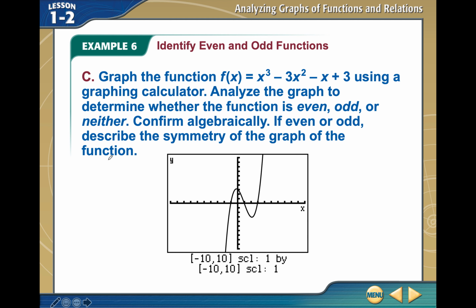So let's take f of minus x and see if it's equal to f of x.